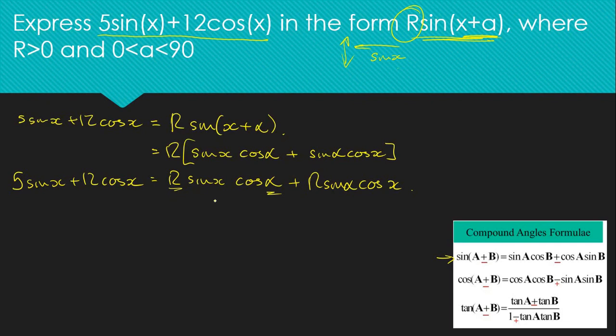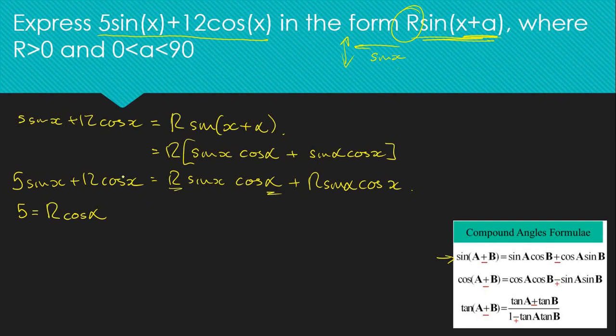If you have a look at this term here, this R sin x cos alpha, you've got R and cos alpha with the sine x. That matches this thing, which is 5 with the sine x. You see the sine x part, you see the sine x part. And what you could do is say that 5 is equal to R cos alpha. R multiplied by cos alpha comes out as 5.